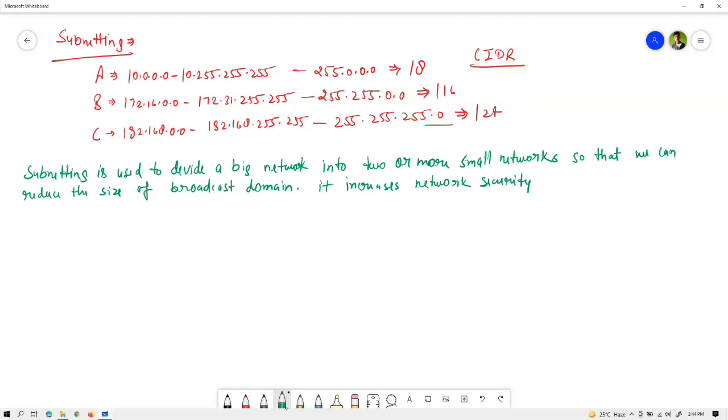We have to perform inter-VLAN routing so that they can communicate with each other. So it increases network security by grouping the same type of users together within the same network, right?